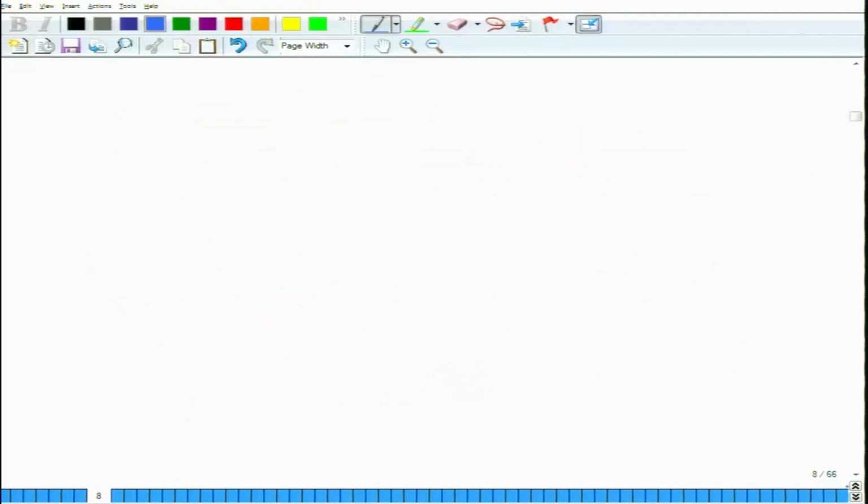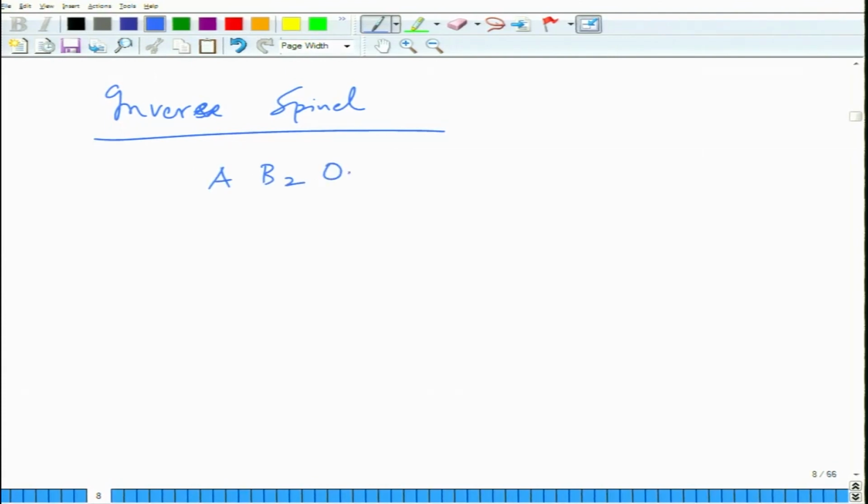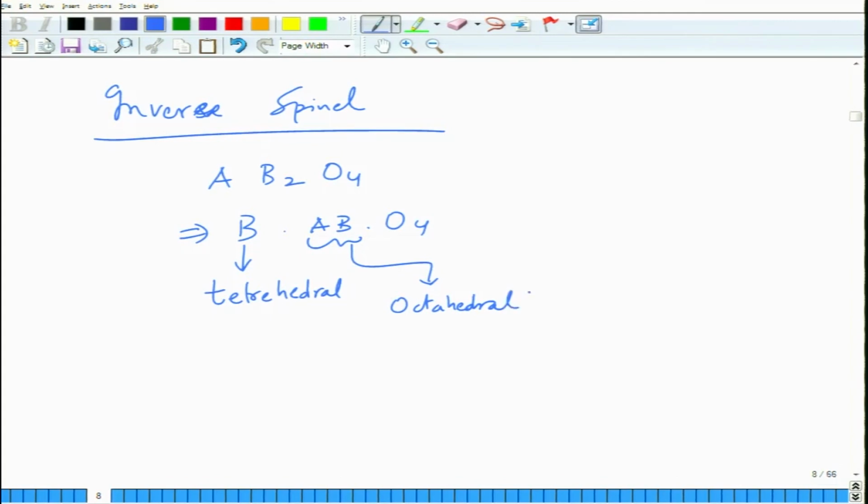There is another variant of this which is called an inverse spinel. In inverse spinel, it's other way around, it's different. So AB2O4 can be written as B(AB)O4. One of the B atoms goes to tetrahedral sites and the A and B atoms go to octahedral sites.